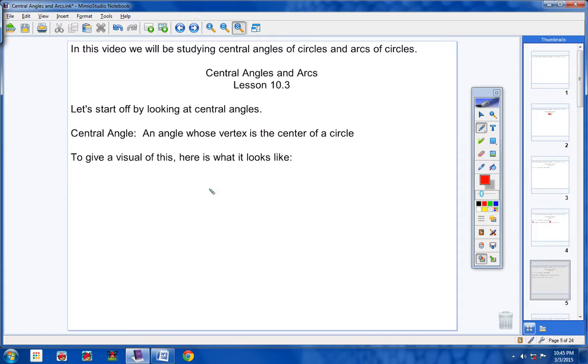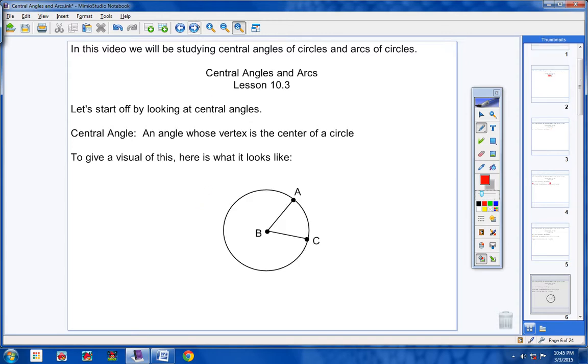Now, to give you a visual of this, here's what it looks like. So please copy this down. This is a picture of a central angle. There it is. We have circle B. And this is called a central angle. Angle ABC is a central angle.